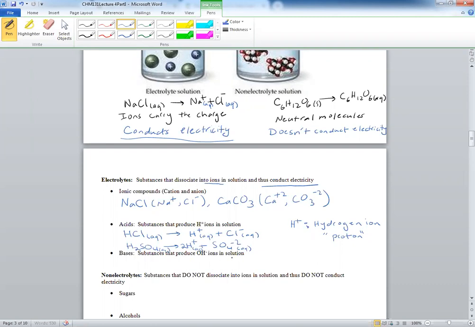Bases are substances that produce OH minus ions in solution as a simple definition. Well, here's an example. Sodium hydroxide. This is called lye, L-Y-E. It's used a lot in industry.